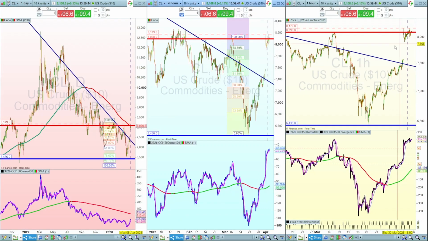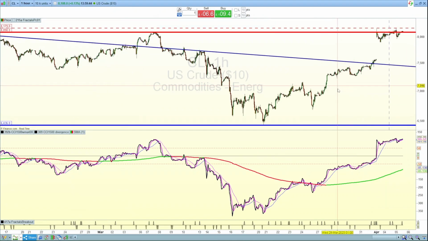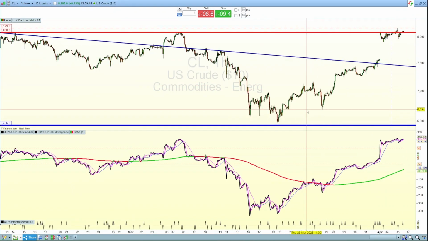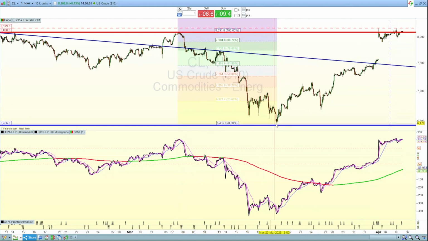Now, let's talk more about the hourly chart. In terms of potential reversal, like I said, if it bounces down from there, what we need to see is it break below the 61% Fibonacci retracement. So first off, let me draw a Fibonacci retracement between that low and that high. You can see there the 61% Fibonacci, if you're new to Fibonacci, is the key area of reversal.